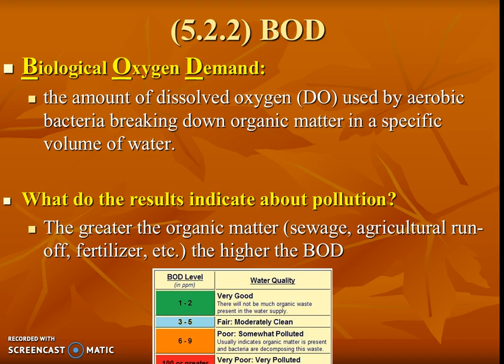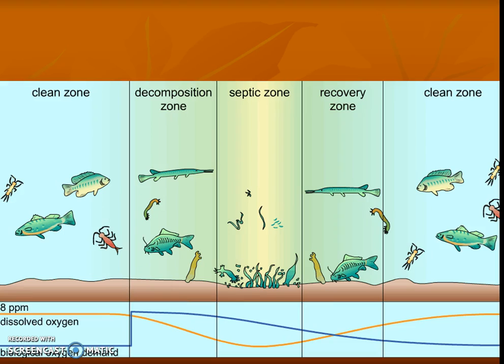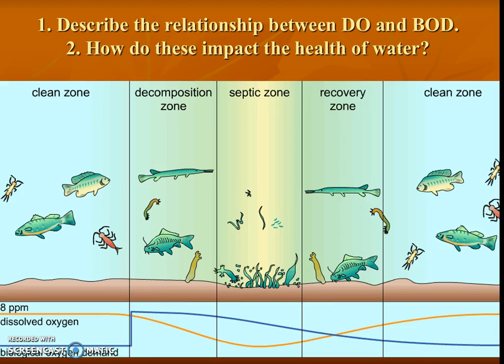Let's learn a little bit more about biological oxygen demand. We actually have to be able to describe how it relates to dissolved oxygen, or DO, and how it impacts the health of a water area. As we look here on the chart, we can see that this orange line of dissolved oxygen actually decreases as the amount of biological oxygen demand increases. The septic zone is the zone where there's not a lot of things living.